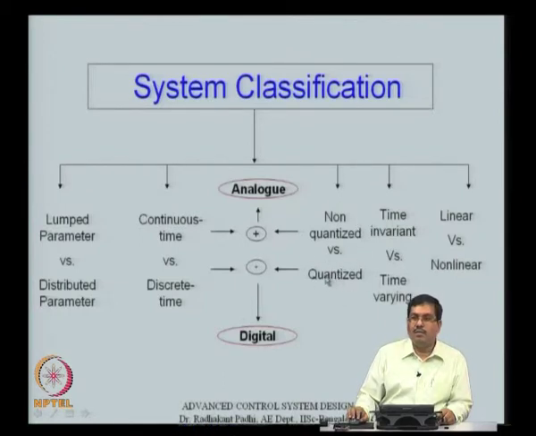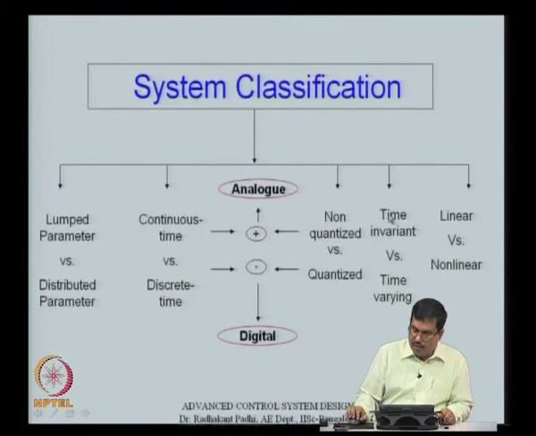One good example is probably our digital clock or digital watch. The time itself is discrete, but the position of the watch hand or pointers in the watch are fairly discrete. It jumps from one point to the next. So that is a quantized description of the system.